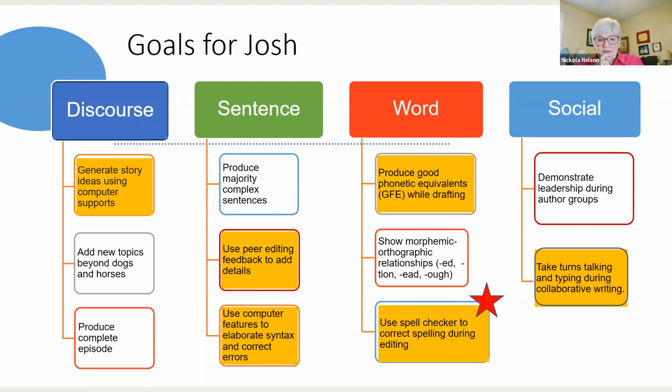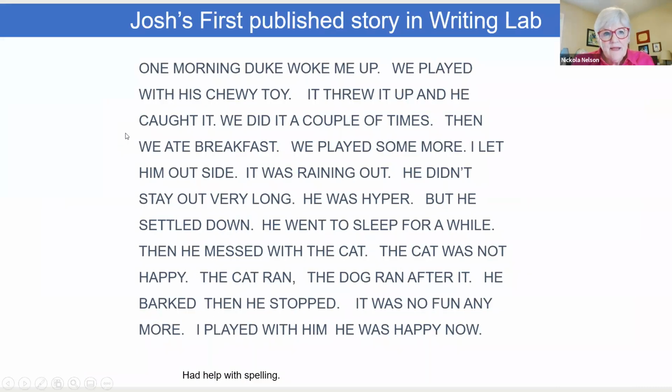So we did some direct instruction on morpho-orthographic relationships, but learning to use the spell checker was really important to him. And also we had some social skill goals for him.